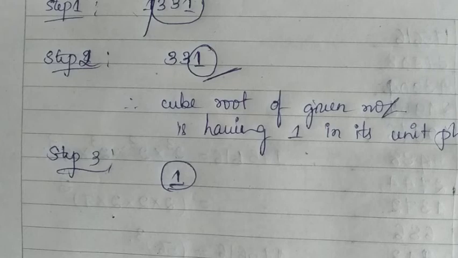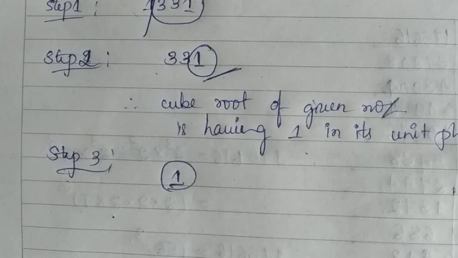But the number is only 1 here, so it is not possible to write the cubes before and after. For that reason, let us count the numbers up to one in the unit place.